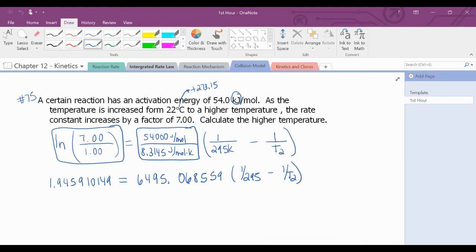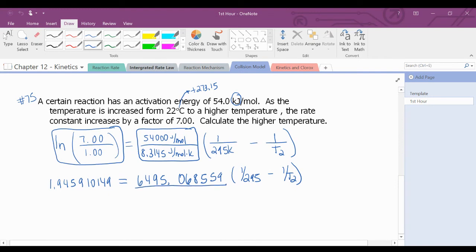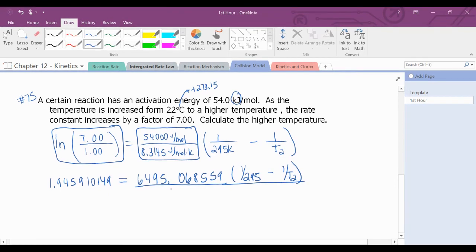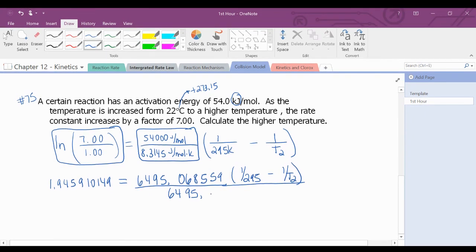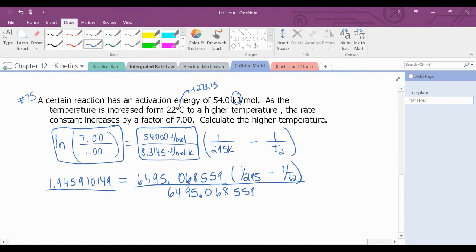All right, then I wanted to leave this temperature part of my equation by itself. So we're going to divide both sides by 6,495.068559. So this is a decimal.